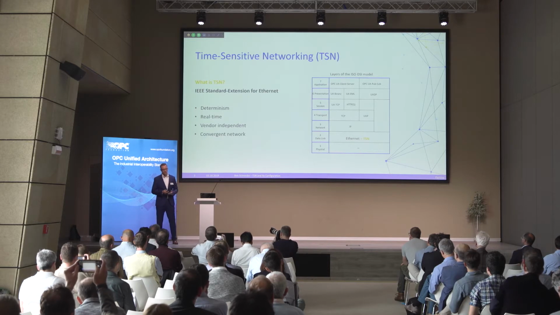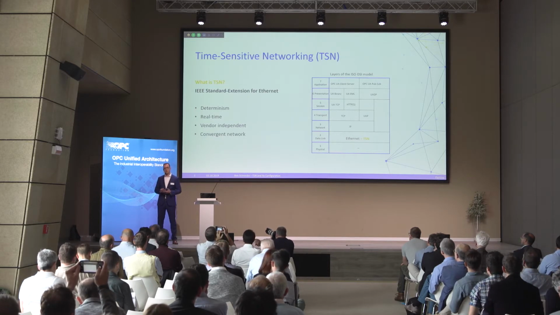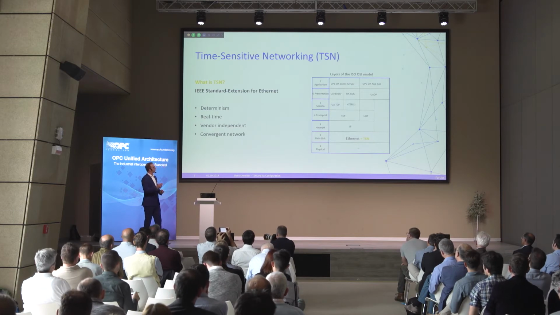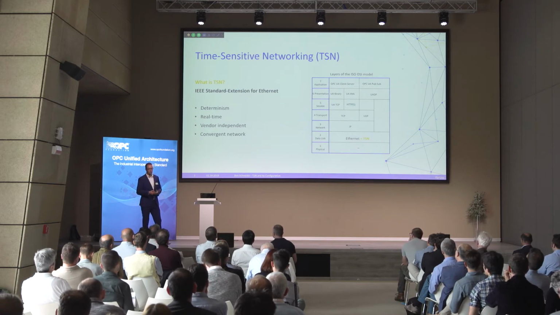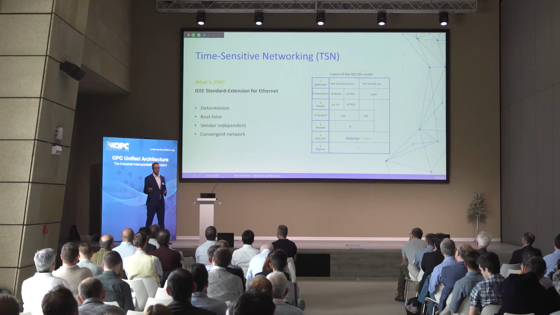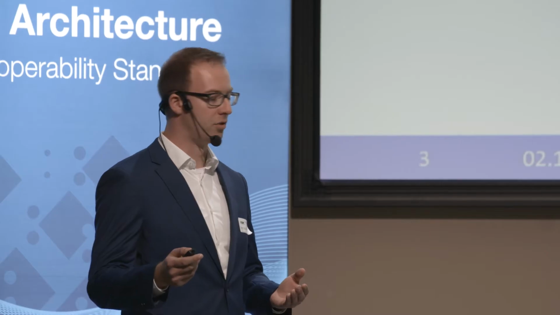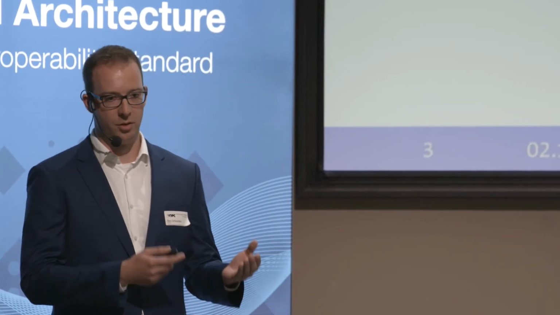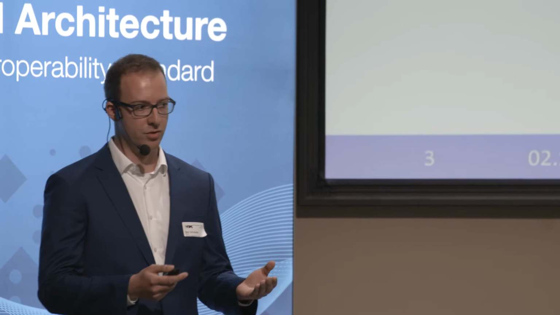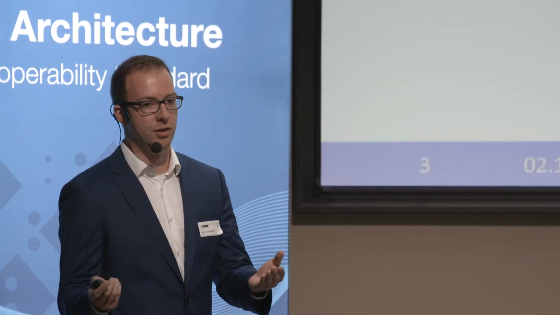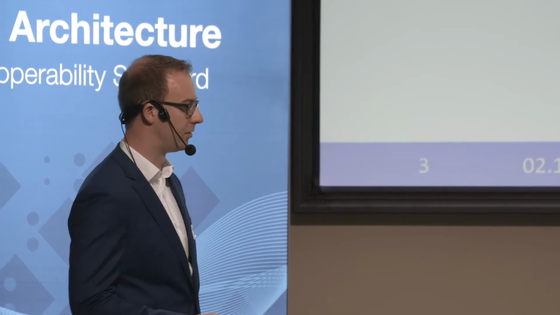The cool thing is that TSN provides the infrastructure for the existing Ethernet-based protocols to get these features added to the current Ethernet standard. In the end, TSN will make OPC UA deterministic and real-time capable, because OPC UA is an Ethernet-based technology, and TSN is adding new features to the Ethernet stack. That's the overall idea.